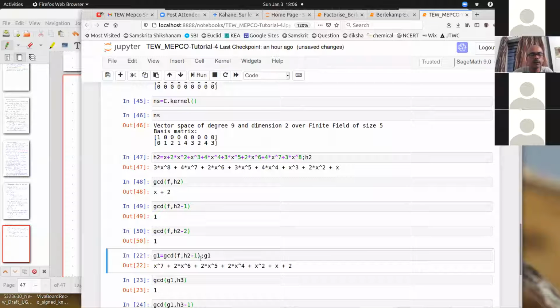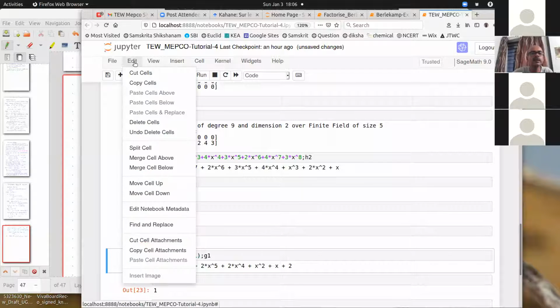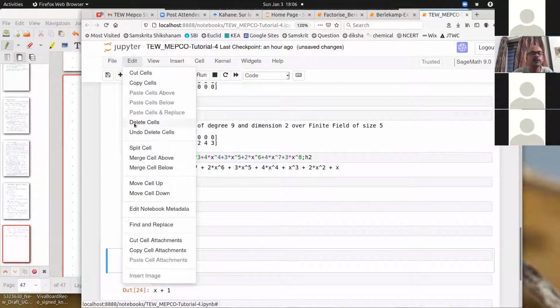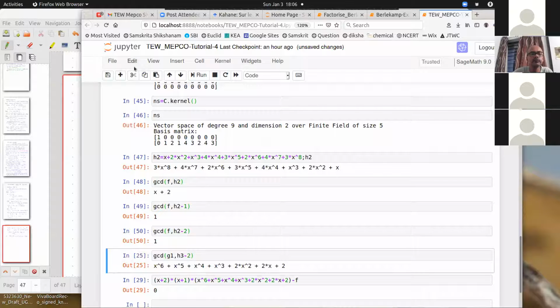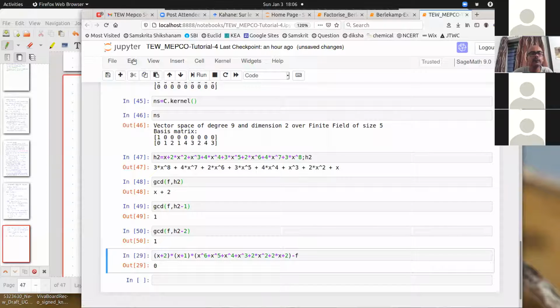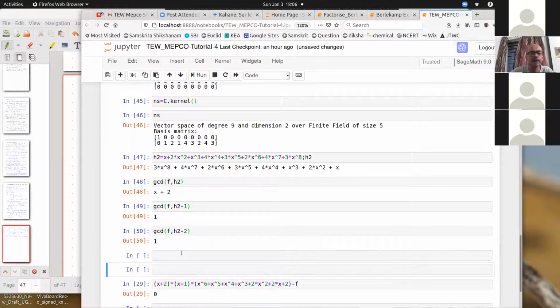So we don't need to do all this. We just delete some of the earlier cells. Okay, we'll check there. Instead just add a few cells.